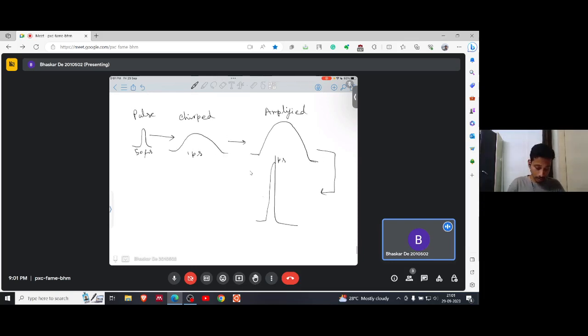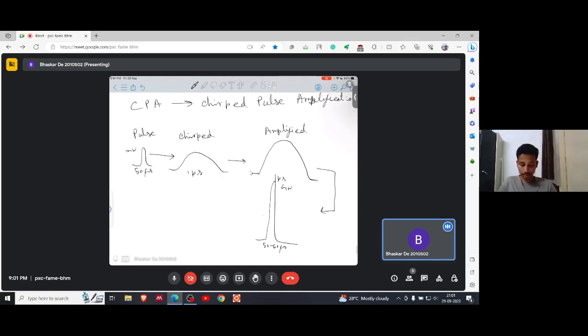So if this is some milliwatt pulse, then it will be some gigawatt, I mean the peak power, and the duration will be almost 50 to 60 femtosecond. It's not possible to get back to the 50 femtosecond, but it will be around 60 femtosecond. So this is known as the CPA process, chirp pulse amplification. This kind of process is used in recent days pulse lasers.